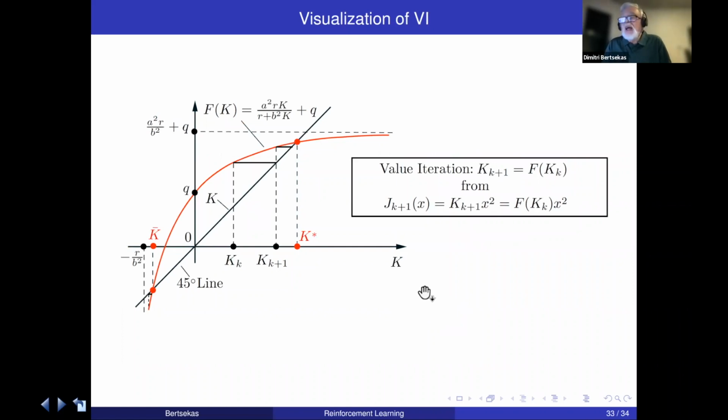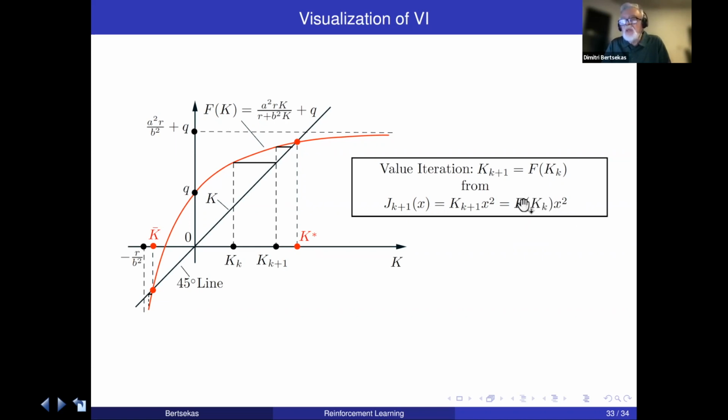Okay, so now let's visualize value iteration in terms of this Riccati equation graph. Now, value iteration has this form: Jk plus 1 equals something that involves Jk, okay? The Bellman equation involving minimization involving Jk in place of J star.